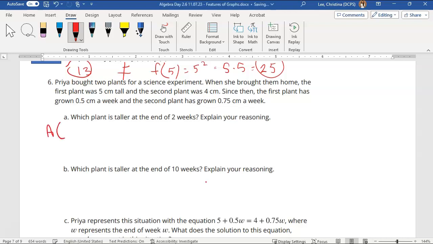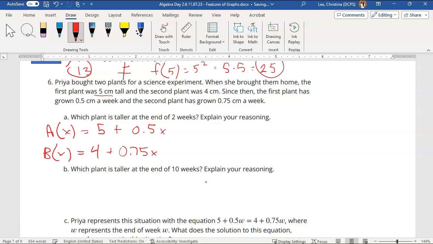We have plant A, and this is a function of time, right? So how long it has been growing. And plant A starts at 5 centimeters tall, and then it continues to grow 0.5 centimeters per week. Plant B is 4 centimeters tall, but it grows 0.75 centimeters per week.